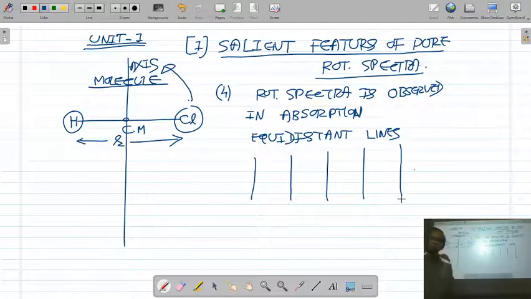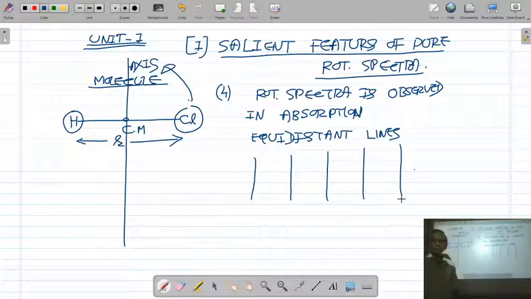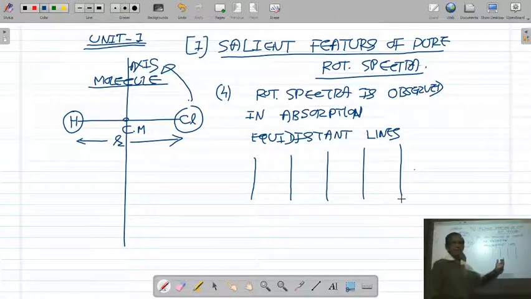So absorption rotational spectra is composed of a series of equidistant lines. How these equidistant lines are observed, we are going to study in the next lectures. But I have to mention this special feature: rotational spectra is composed of a series of equidistant lines. Okay, these are known as rotational lines.